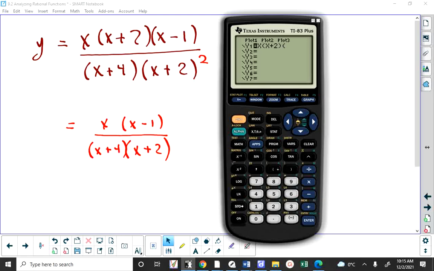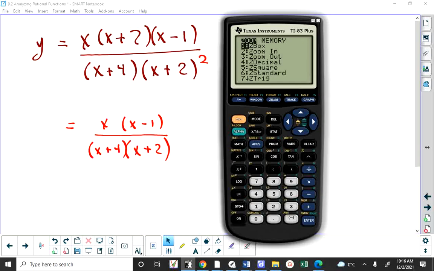Then we have another factor on the top of x minus 1. Remember, we want to factor the original expression, because if there's a hole that is because of canceling factors, we might not see the hole. And this is over. We definitely need brackets around the entire bottom here. Another set of brackets for the x plus 4. And then we have x plus 2 squared and close the brackets. That's a lot to track with the brackets, but I'll double check it looks okay.